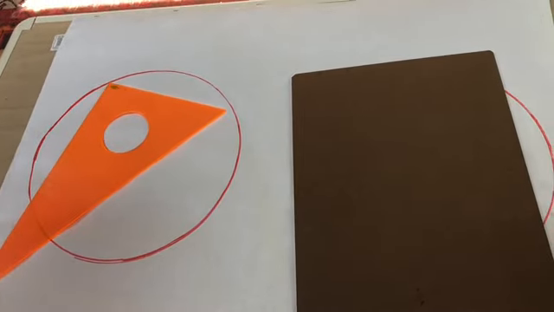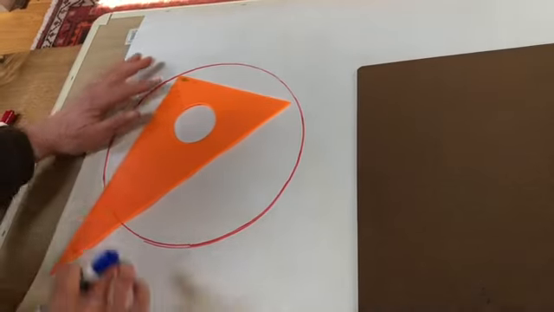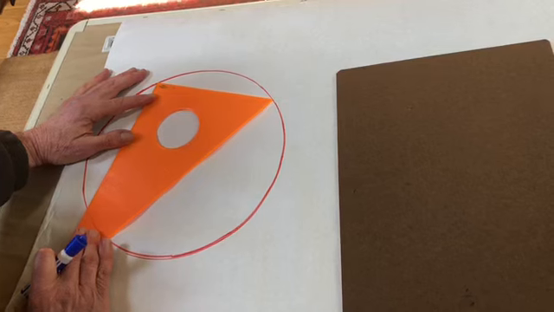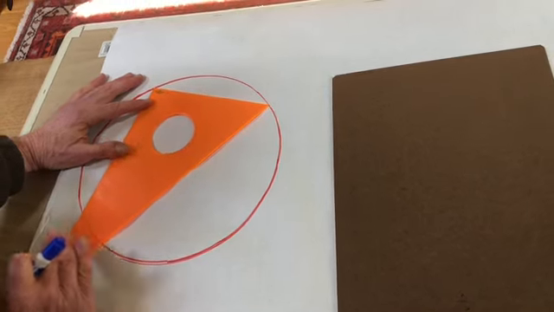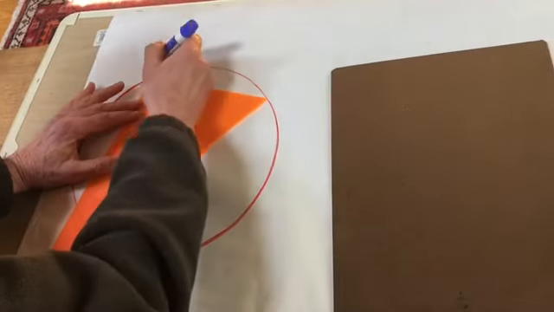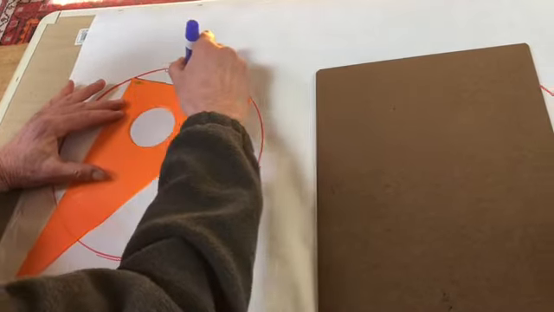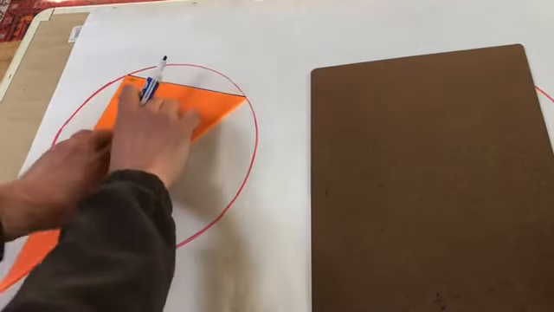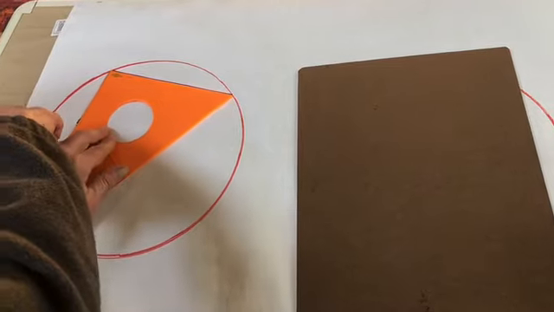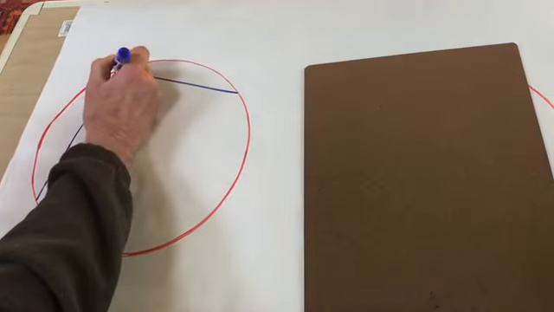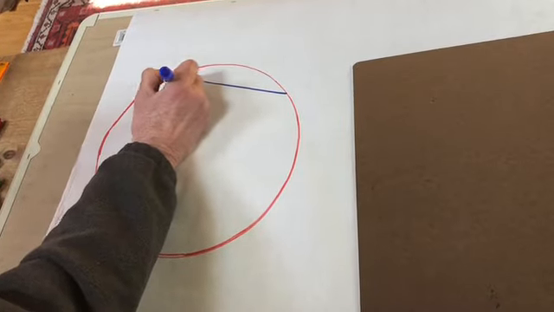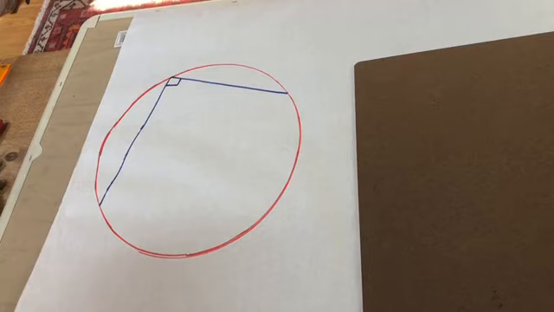Take a right angle and fit that on there and make it an inscribed angle. Remember what an inscribed angle is? That is when the vertex of the angle is on the actual circle. That's pretty close. That is a right angle, which means it's 90 degrees.